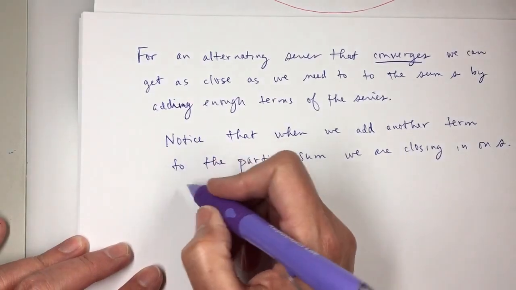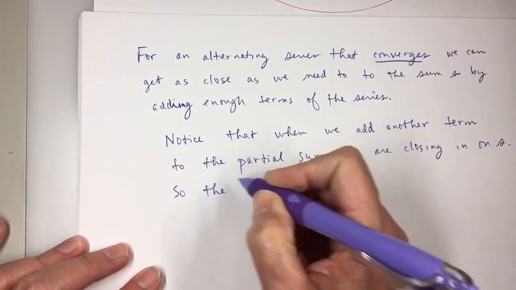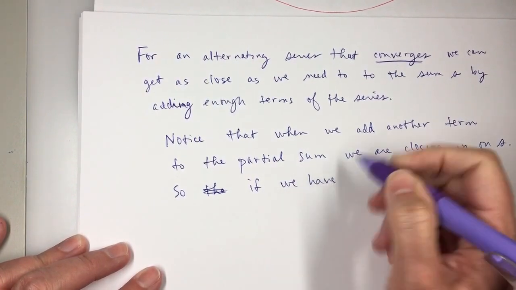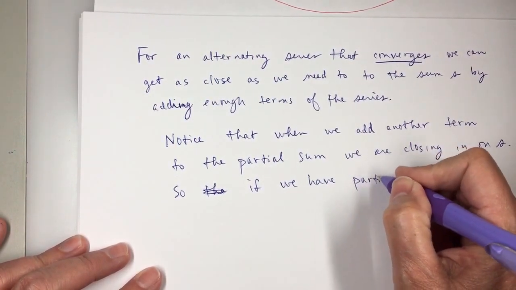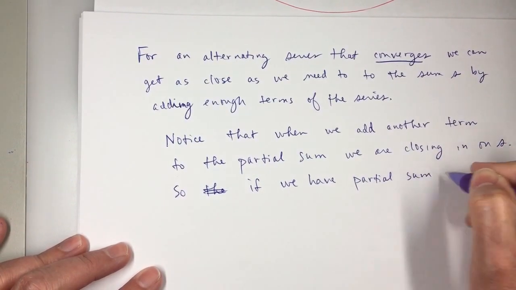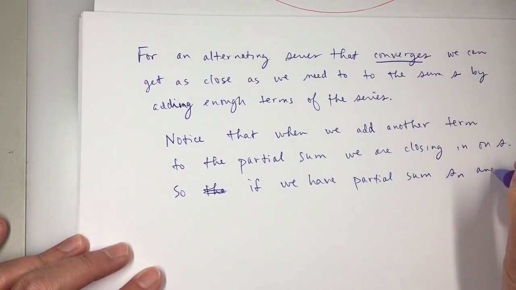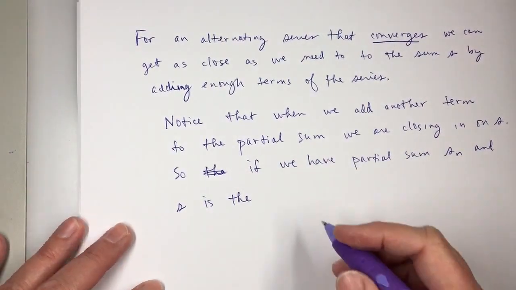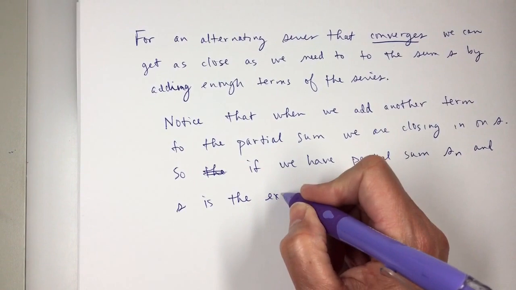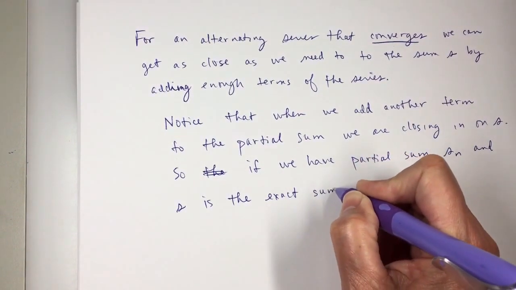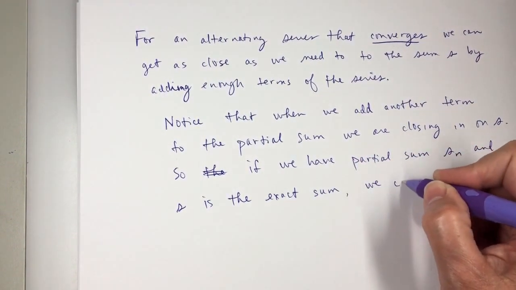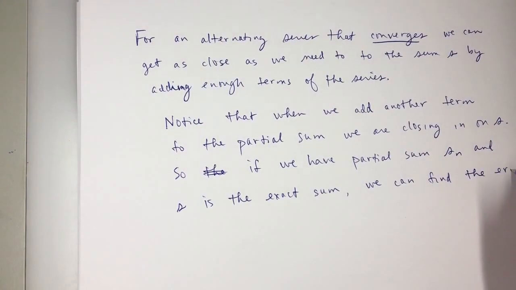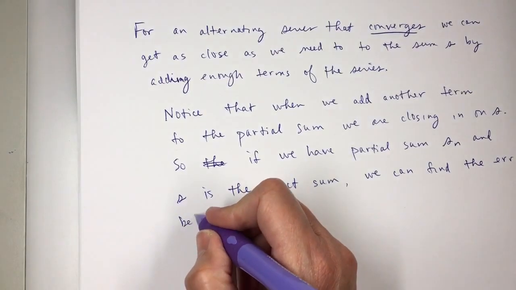So, the error, let's say it like this. If we have a partial sum S sub n and S is the exact sum, then we can find the error between the two.